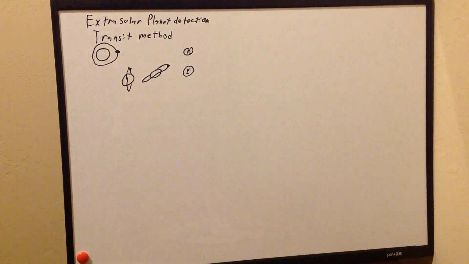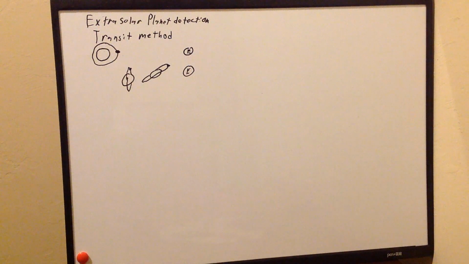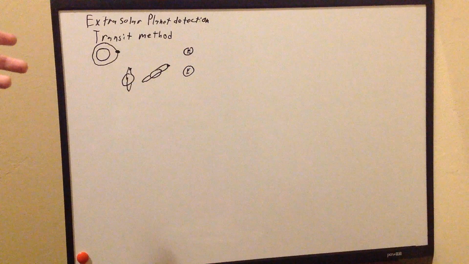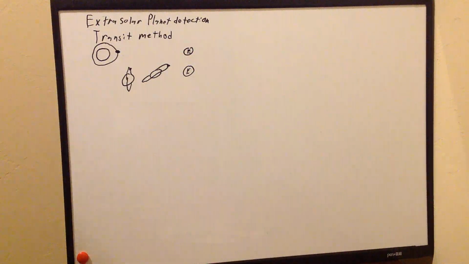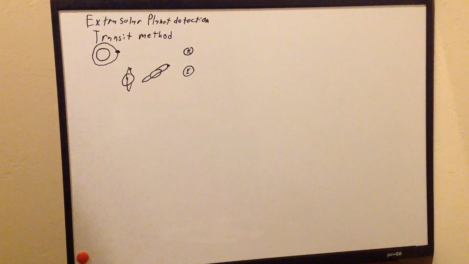And yeah, I guess the other thing I should say about it is that if we just see a star get dimmer once, there's a wide variety of things that might cause that. So to think that we have a planet, we want to be able to see this happening repeatedly on a routine basis, which can be pretty time consuming.